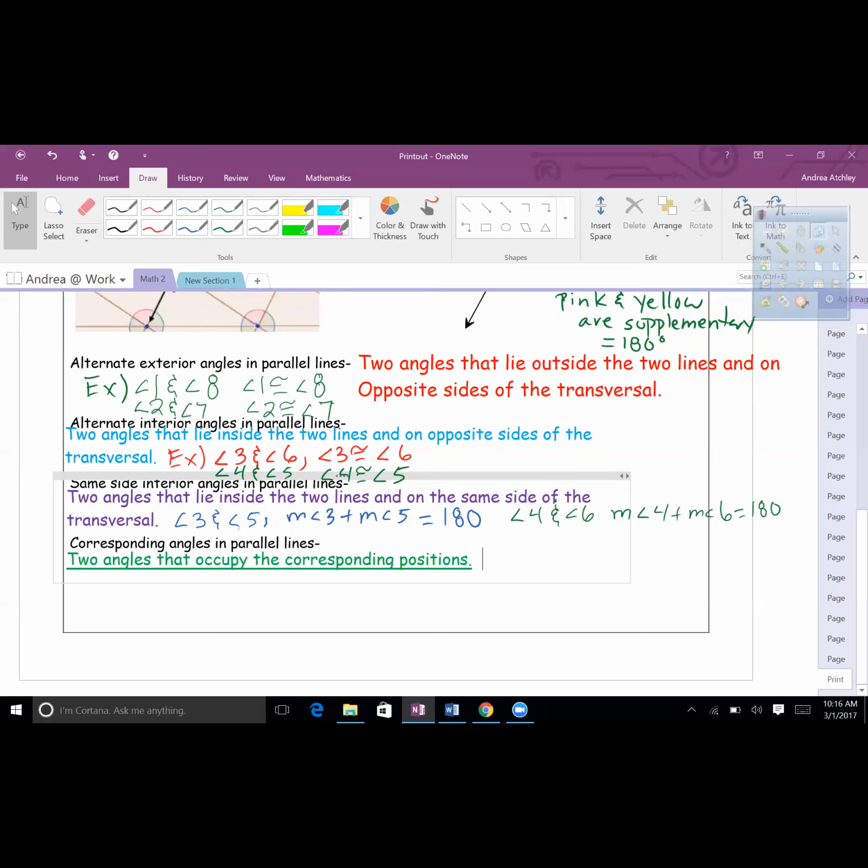So they're both on the same side of the transversal, both above the lines, both below the lines, and you'll see those.